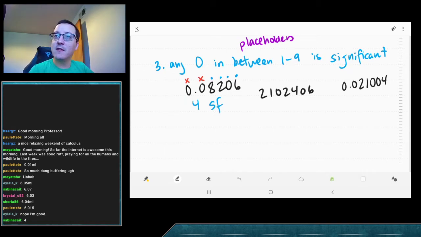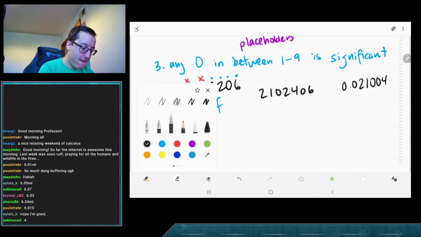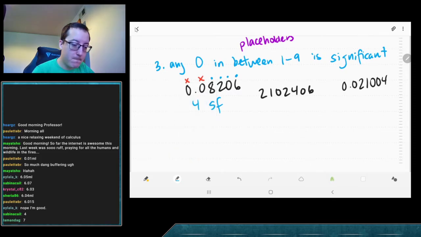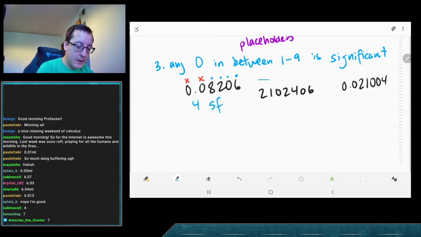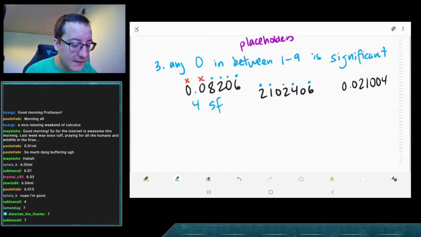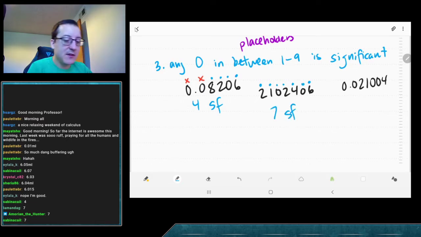How many sig figs is this middle number going to have? Yeah, I like it. Right. 1, 2, 3, 4, 5 for sure. We always have our non-zero numbers. And since we look at these zeros, they're in between numbers, right? So we will count those as well. So this will have 7 sig figs.